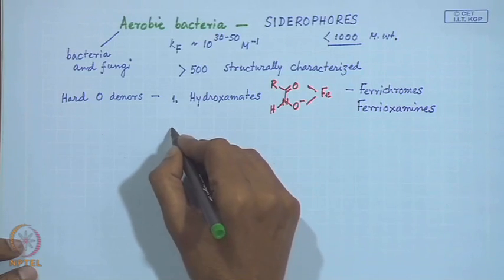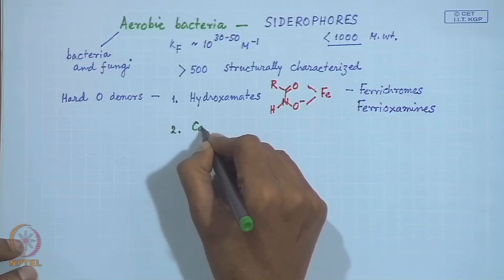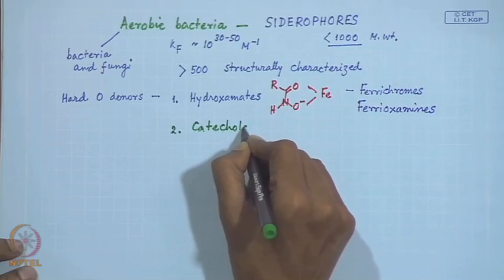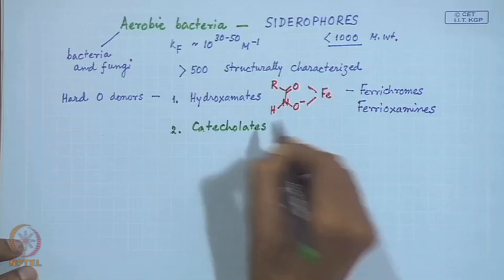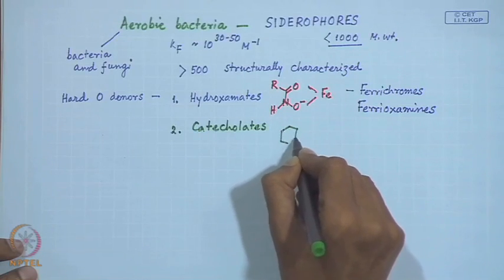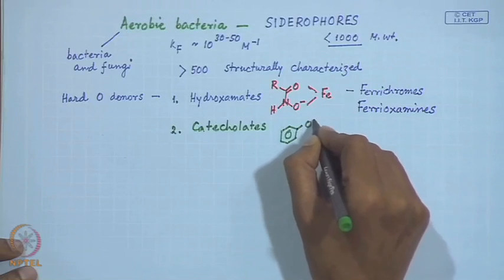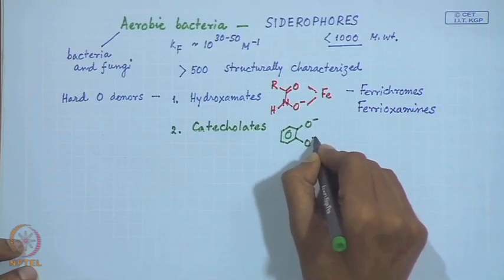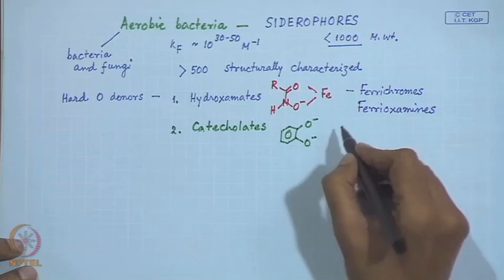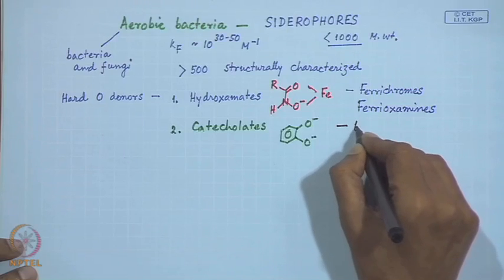And another category contains catecholates. So, at the end point you have the catechols; an example of that group is enterobactin.